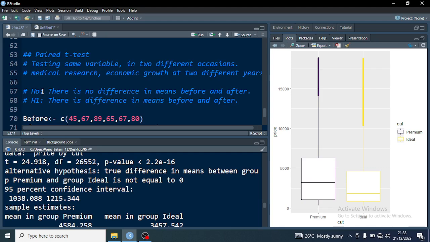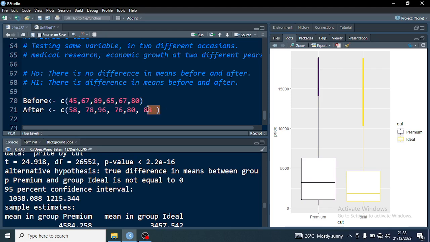We measure it before giving them the medicine, then after giving them the medicine, we test the results. And then we are asking, is there any difference before and after?